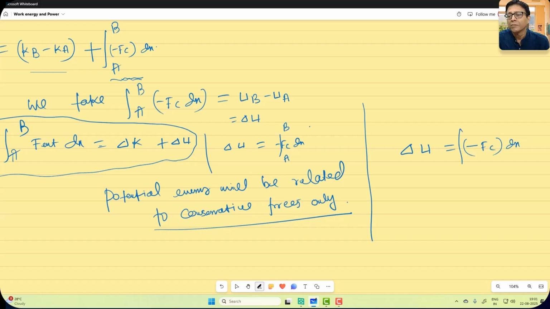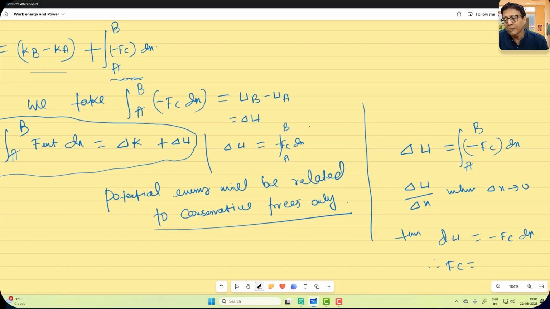Okay? A to B. If we just write delta U by delta x, and when delta x tends to 0, then we can write dU, just by taking differential, equal to minus Fc dx.